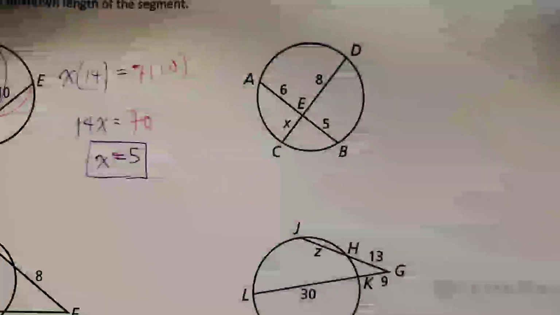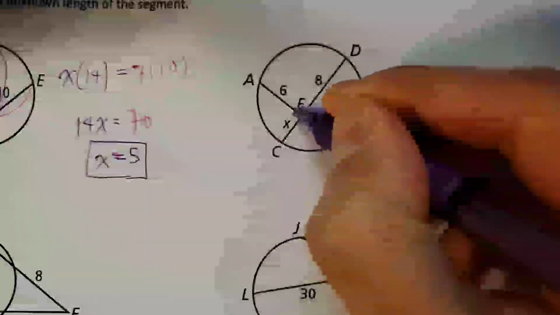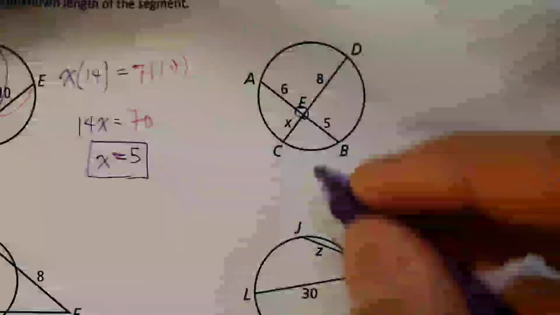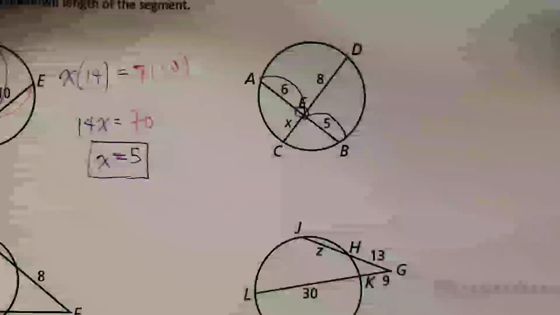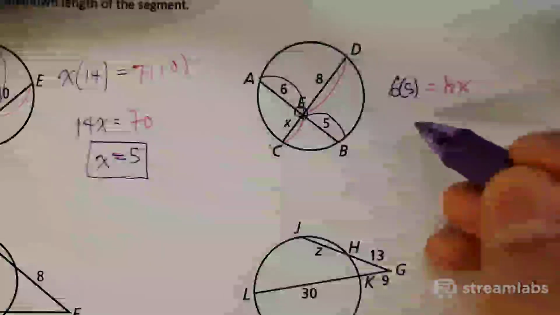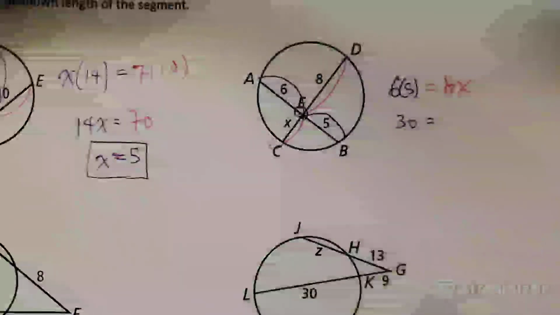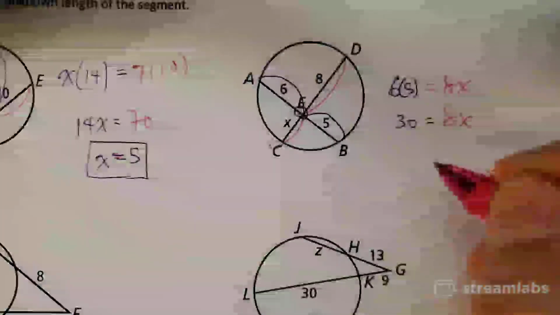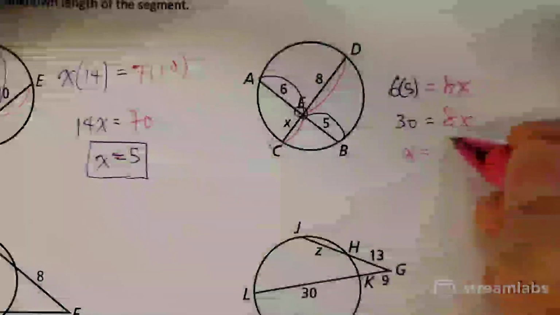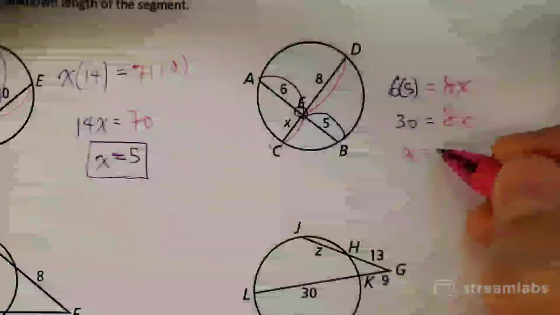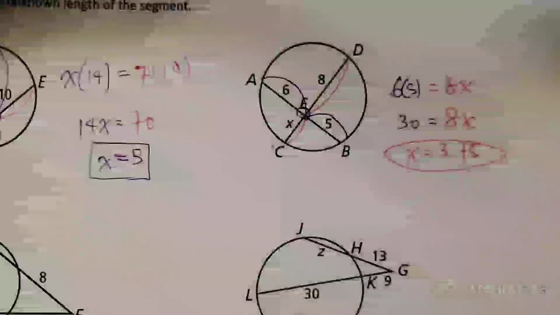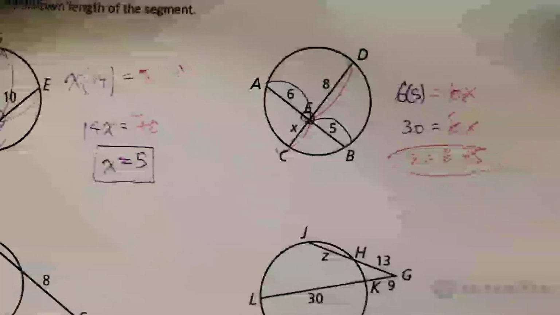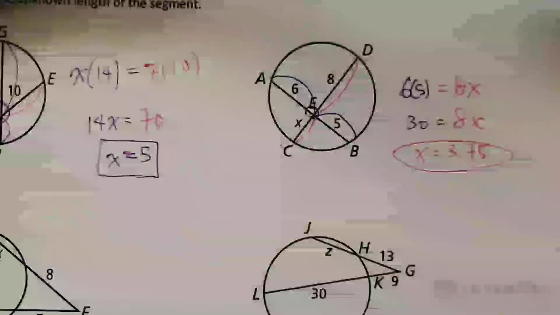Okay, so intersection is here, right? So pick one line. 6 times 5 is equal to, so 30 equals 8x. So x is 30 divided by 8, so we get what? 3.75. And that's it, okay?